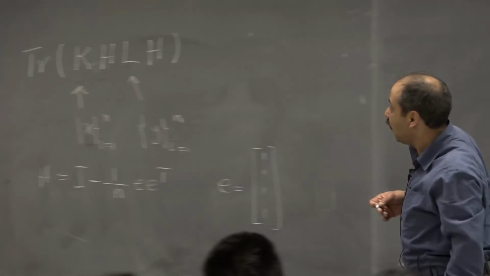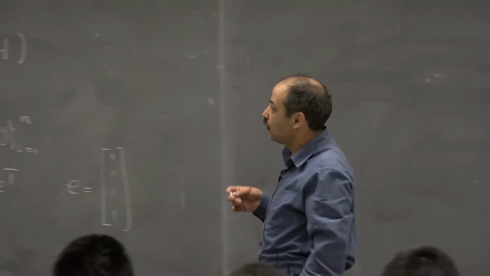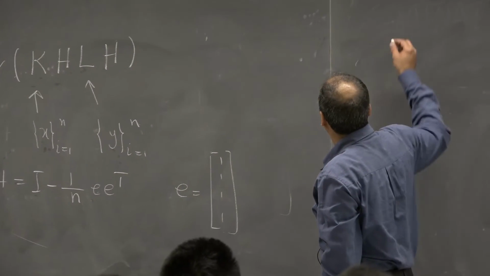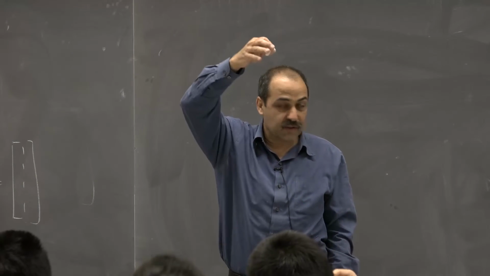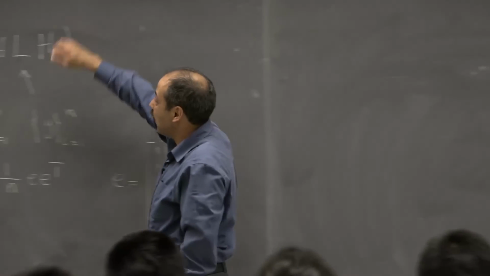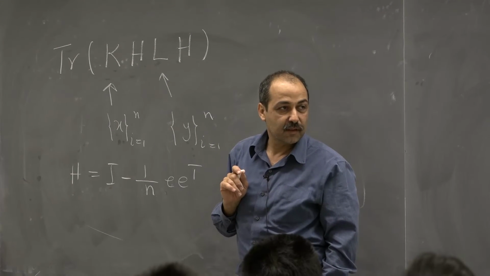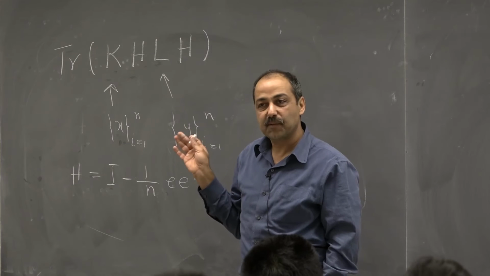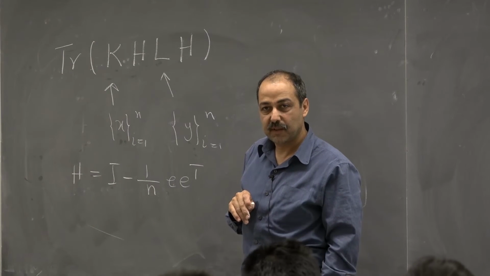Okay, so now what's the idea of supervised PCA? The idea of supervised PCA is that I have X, and I want to map X into a lower dimensional space, but I want to map it in a way that it has maximum dependency with Y. To make sure that it has maximum dependency, we are going to use HSIC as the measure of dependency.